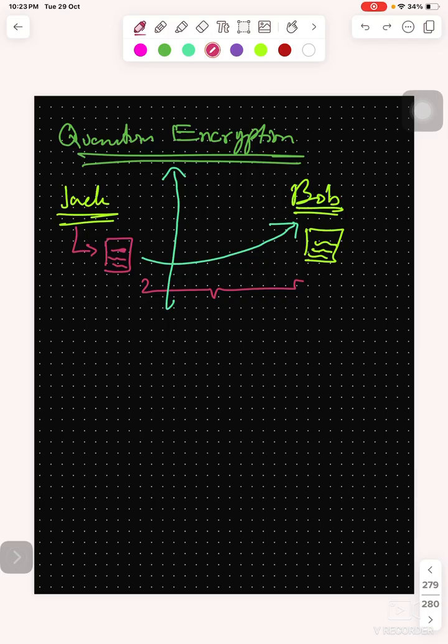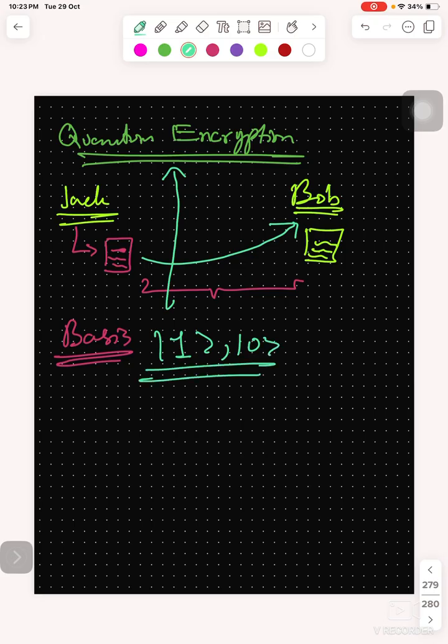This is called the basis. One is 1 or 0, and the second one is diagonal. It is either positive, which is 45°, or negative, which is negative 45°.